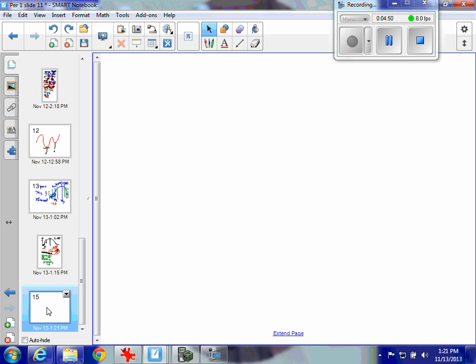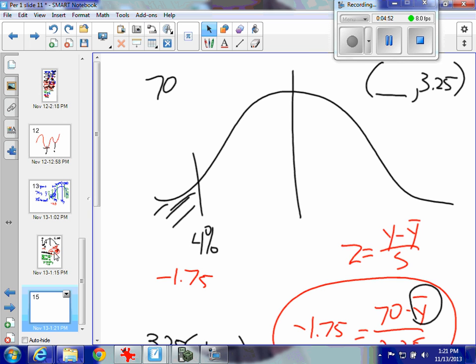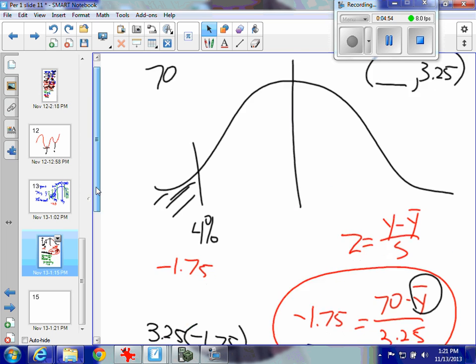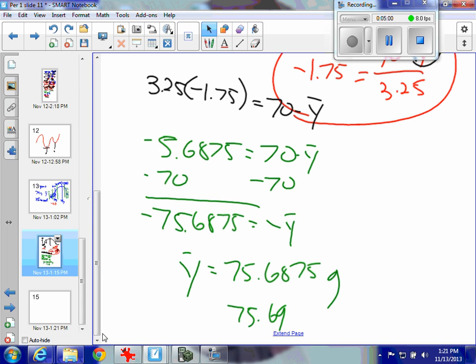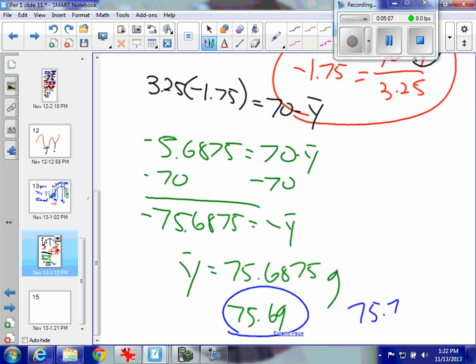We needed a tomato with a mean of 75.69, let's call it 75.7. But they're saying they made one that's only 75. Not quite big enough, but it still satisfied the goal of only 4% that are no good.